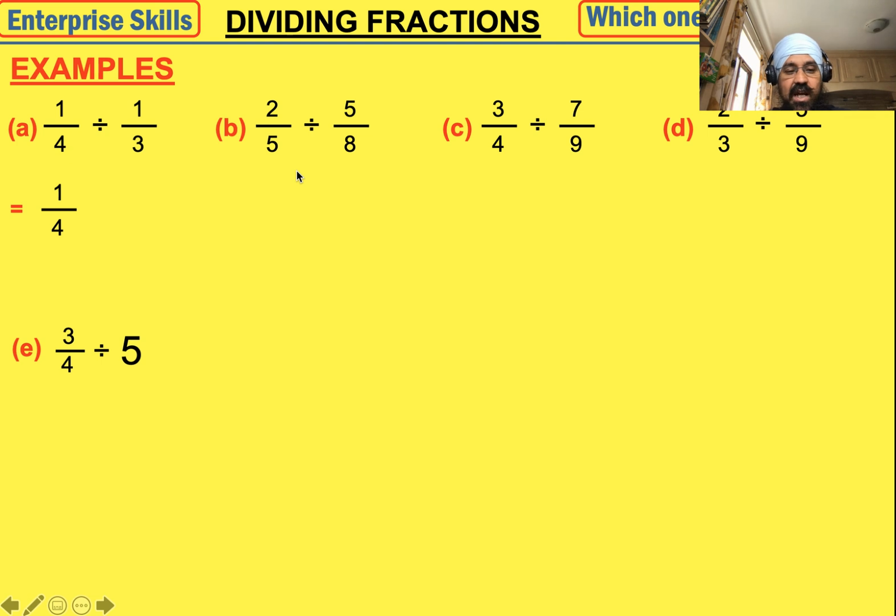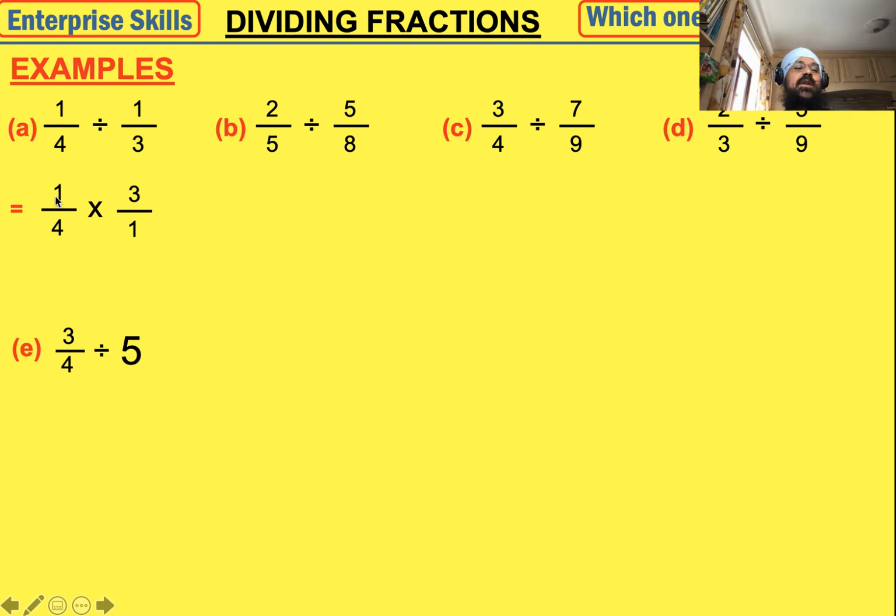We change the sign from divide to multiply, that's change, and we flip this, which will become 3 over 1. So that's why it's called keep, change, and flip. You've kept the first part of the fraction as it is, you've changed the sign from divide to multiply, and you flipped this fraction.